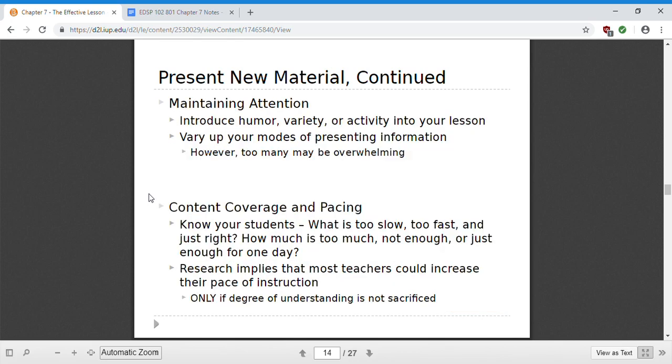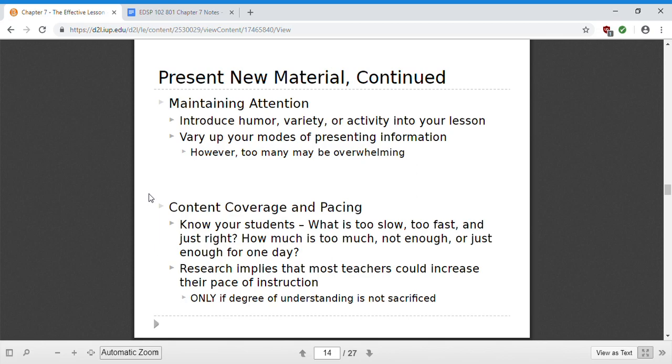When presenting new material, you want to maintain your students' attention. Thinking back to the information processing model, we know that if somebody's not attending to something, it's less likely that information is going to get into their brain to be learned. There are different tricks for maintaining attention: you could use humor, mix it up, have variety in your lessons, and introduce different activities.